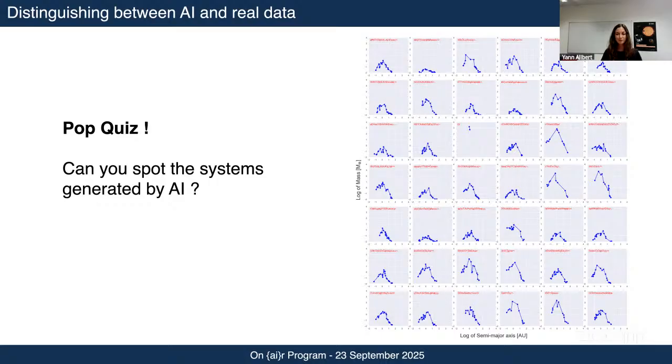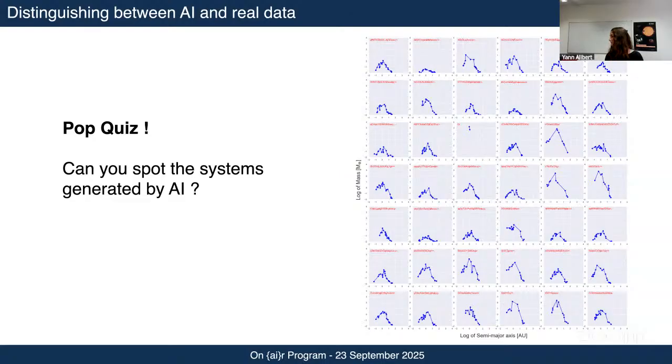There should be a few of them which are easier. Do you see a difference statistically between the 2 groups of these planetary systems? And no, not all of them are generated by AI. We had this question before.